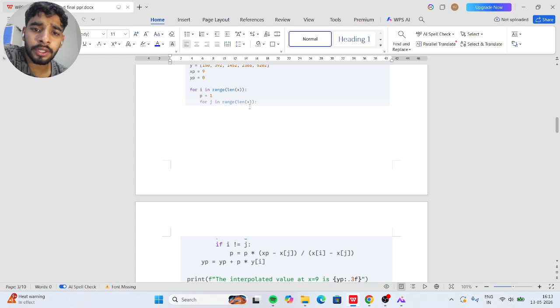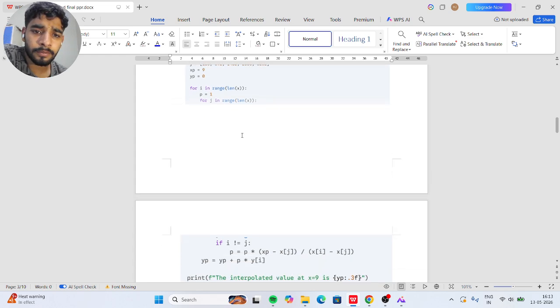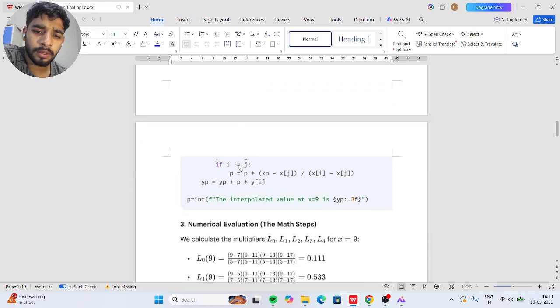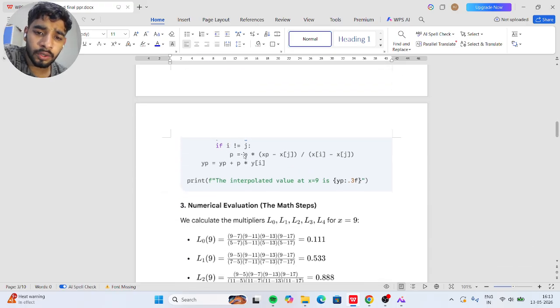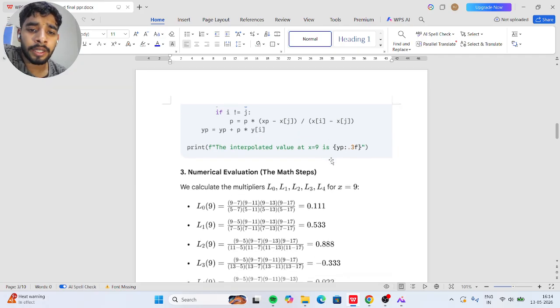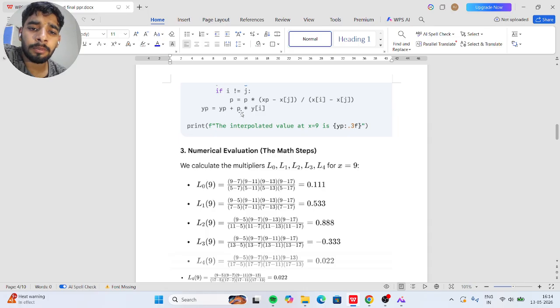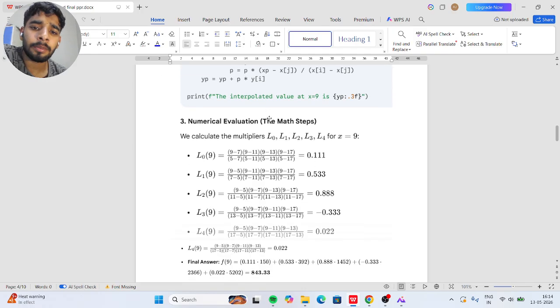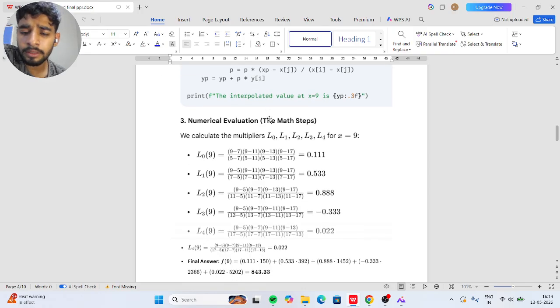For j in range of length of x, if i is not equal to j, then we perform the calculation we have written in our algorithm: p equals p into (xp minus xj) divided by (xi minus xj), and yp equals yp plus p multiplied by yi, and print the interpolated value at x.